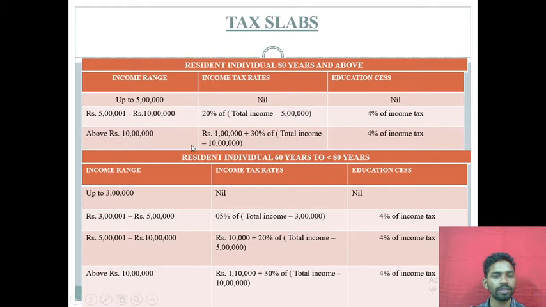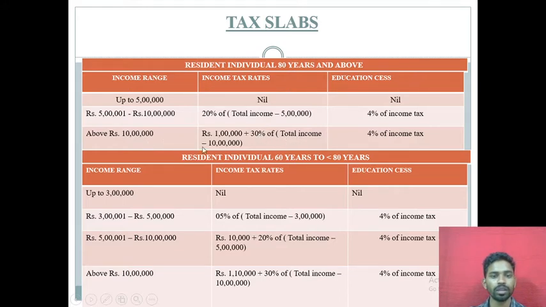Next, the third category is above rupees 10 lakh. If the income earned is more than 10 lakh, then rupees 1 lakh comes from the previous category, this 1 lakh plus 30%. 30% means on the income above 10 lakhs, we have to pay 30%.